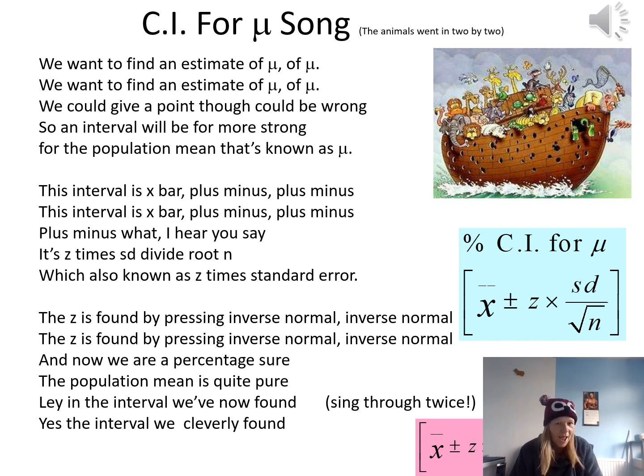It's z times st over root 10, which is also known as z times standard error. The z is found by pressing inverse normal. And now we are a percentage sure the population mean is in the interval we've now found. Yes, in the interval we cleverly found.